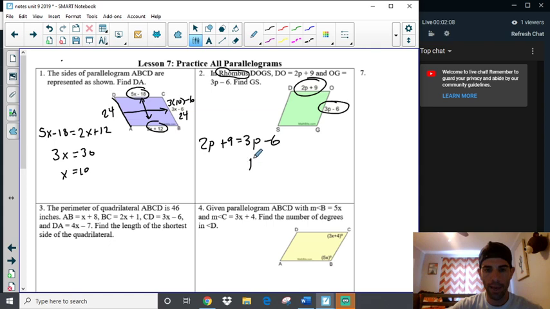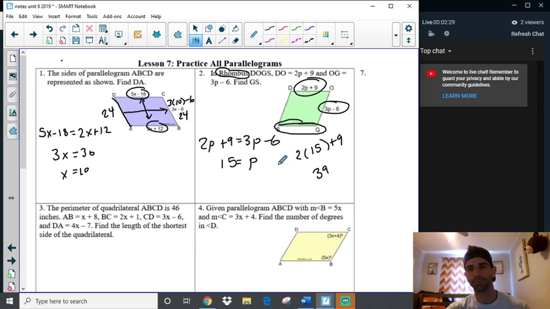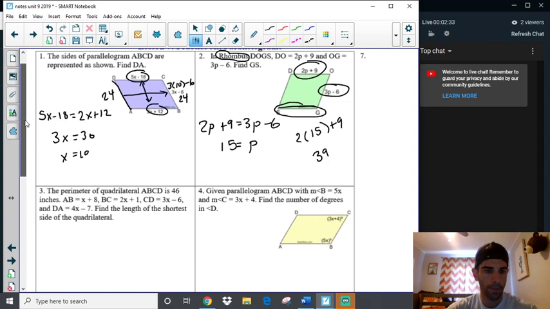Go ahead, do some math. So p is equal to 15. Now they asked me to find GS, which is this guy here. So again, all sides are congruent. You could plug it into any one of those sides. So 2 times 15 plus 9 is 39. So GS is equal to 39. So there's 1, there's 2.